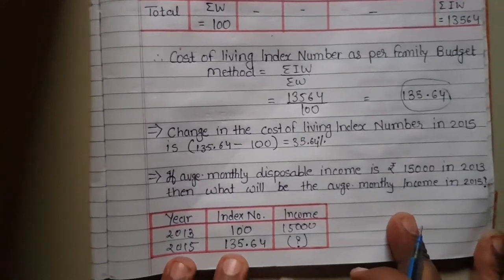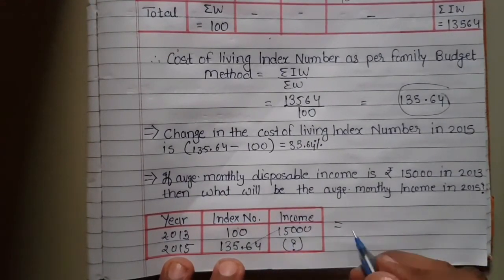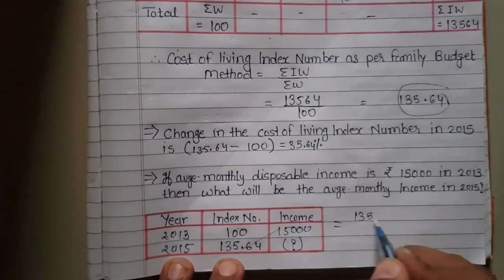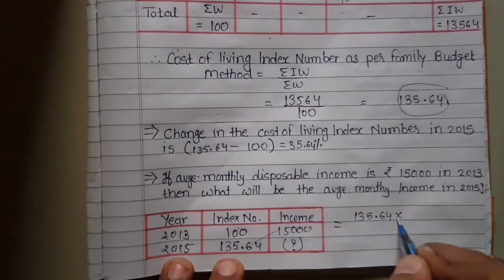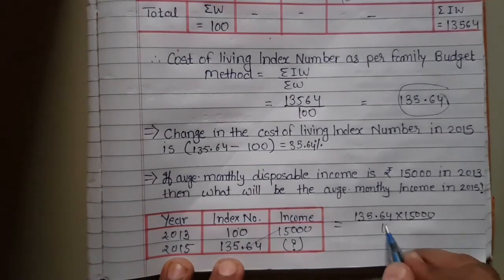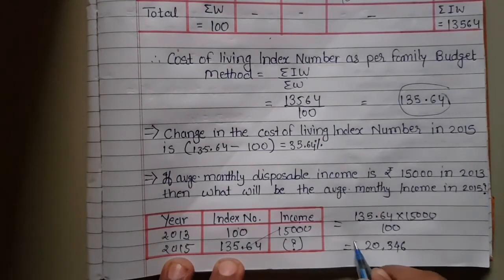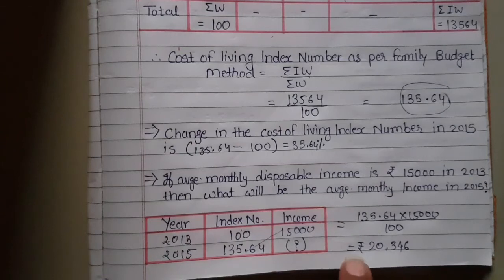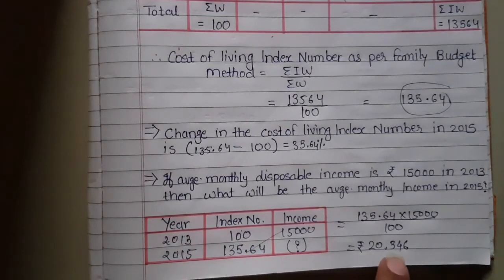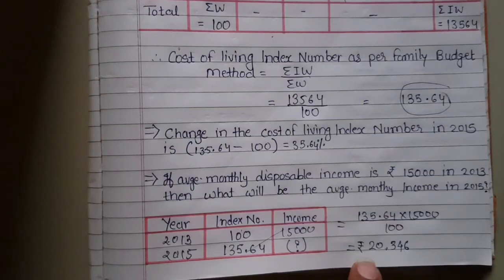So by cross multiplying method, 135.64 multiplied by 15,000 divided by 100, we will get 20,346. We will write rupees here, because we have found the income and the income can be shown in rupees.